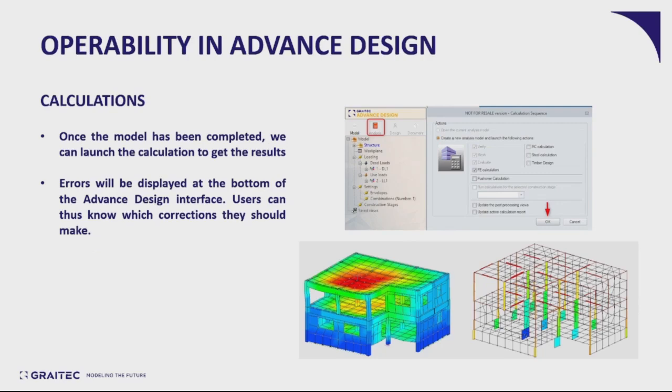Otherwise, if there is no error and they are just warnings, it's up to the user to decide if they will proceed with the results or go back to the model and fix any warnings. So basically, they can launch the results and see any results or perform any post-processing of the results.